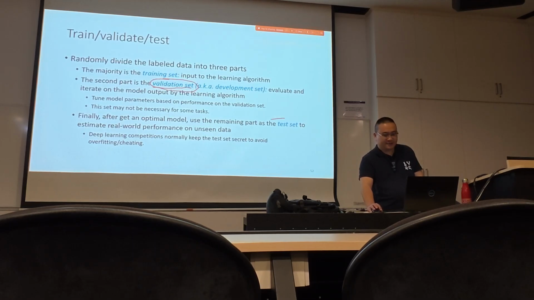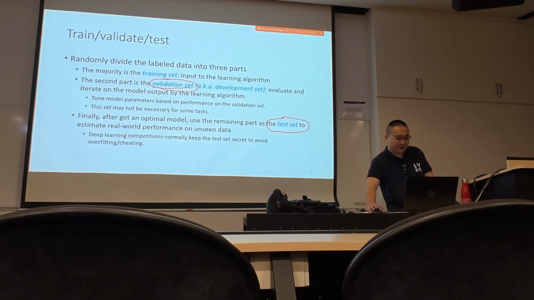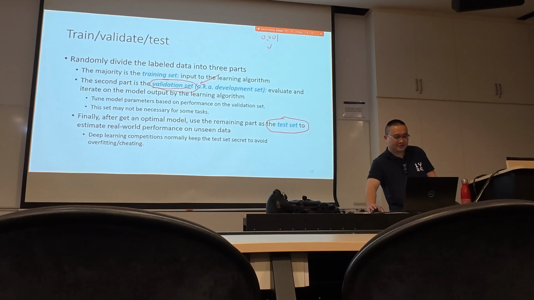However, during testing, we do not touch the testing set. And another usage for the validation set is that we can use it to fine-tune some learning parameters, for example, the learning rate. So for example, you choose learning rate 0.001 or 0.002, and both of them can decrease the training loss very quickly.